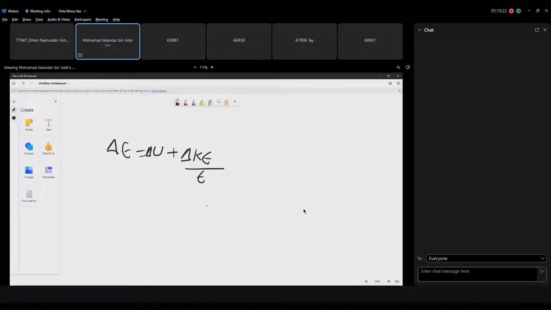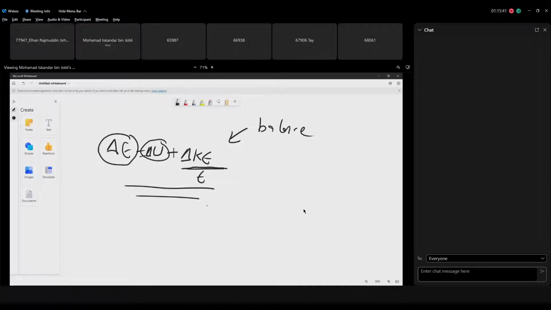Now, do you think that this equation is going to be balanced? A change of E plus a change of U plus a change of KE over time.